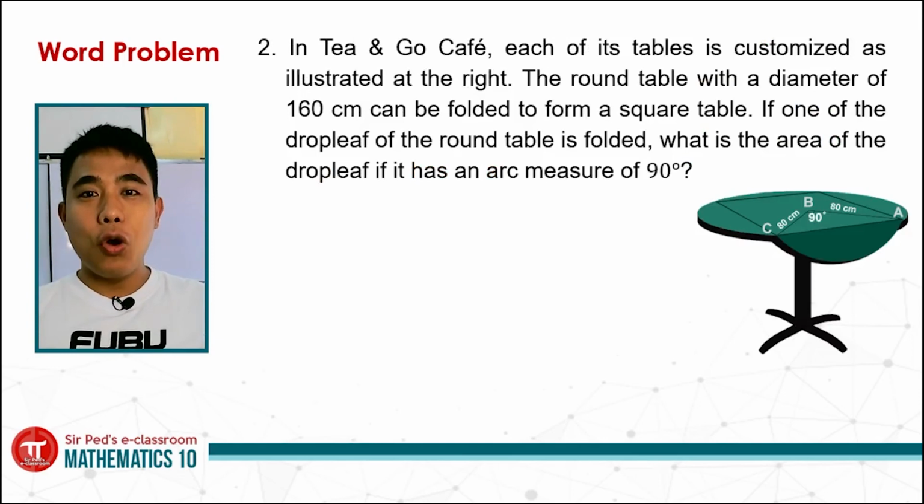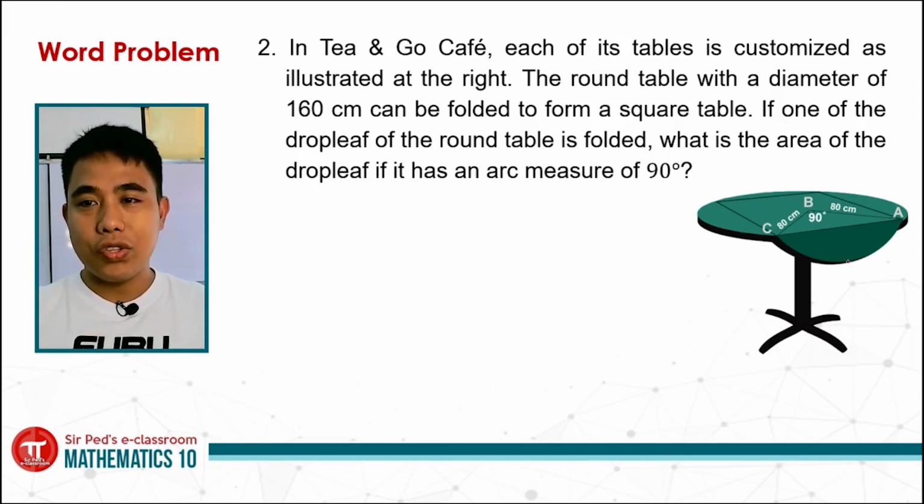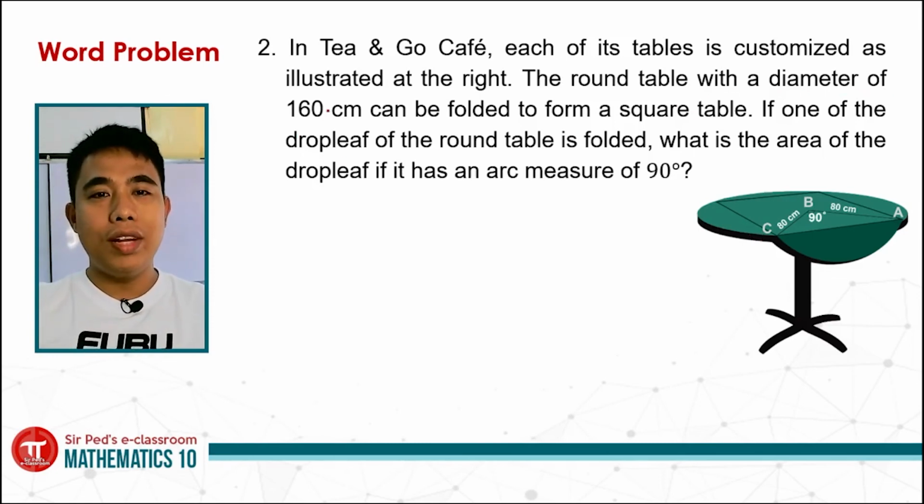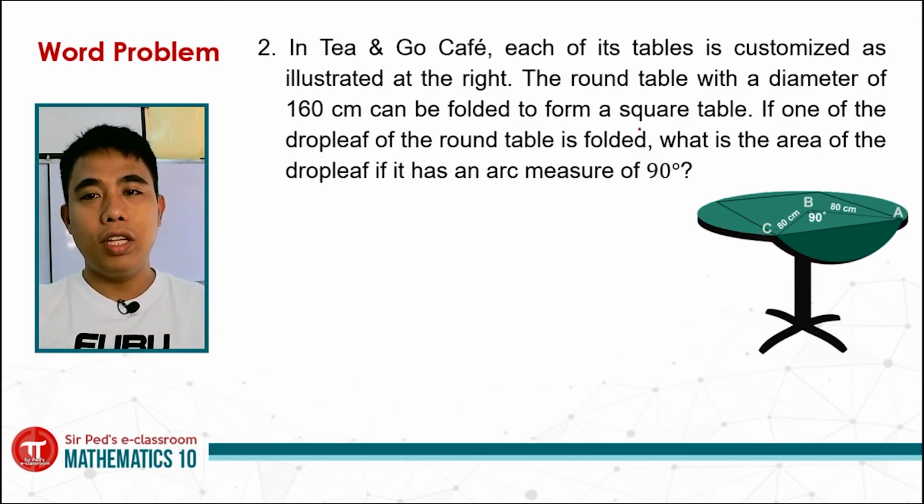Now let's have another example. In Tea and Go Cafe, each of its tables is customized as illustrated at the right. So we have here an illustration of each table in the Tea and Go Cafe. The round table with a diameter of 160 centimeters can be folded to form a square table. So if the diameter is 160, therefore the radius of the circle will become 80 centimeters.